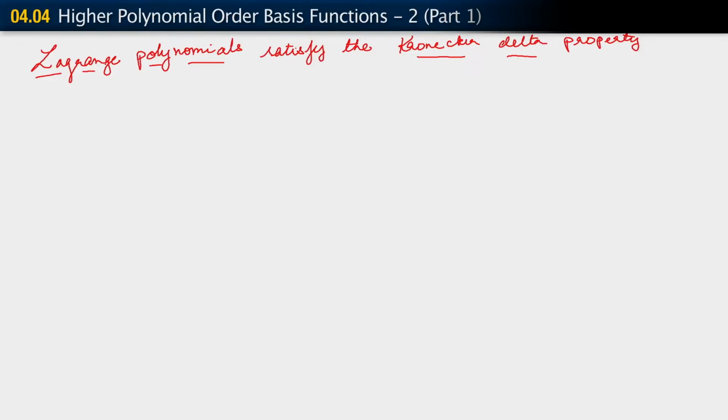Okay, let's check it. You recall that if we have an element with NNE nodes, we have this formula for the Ath of those basis functions.